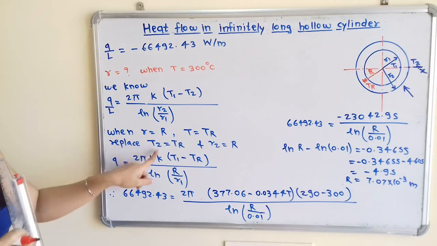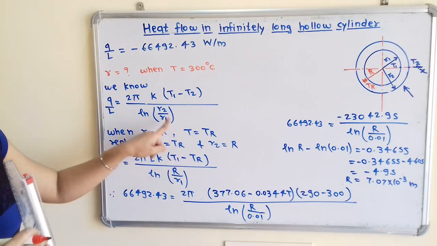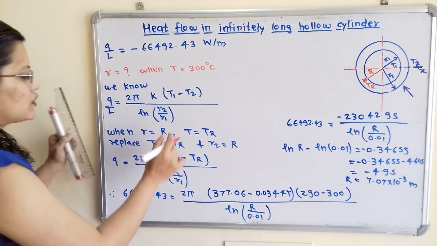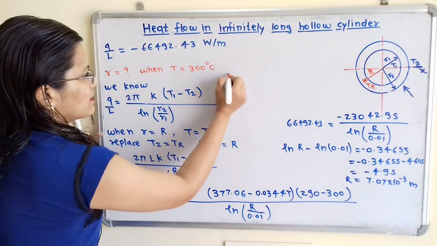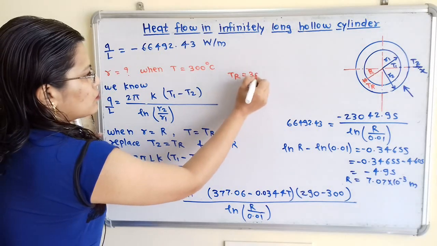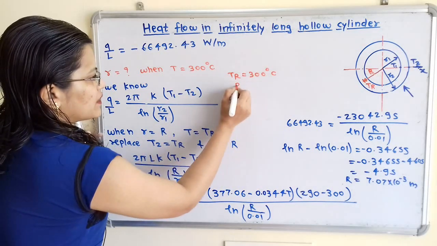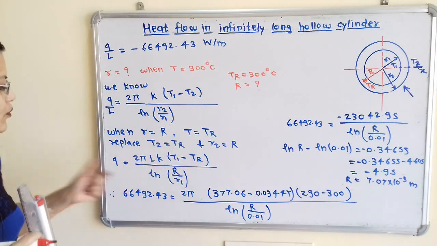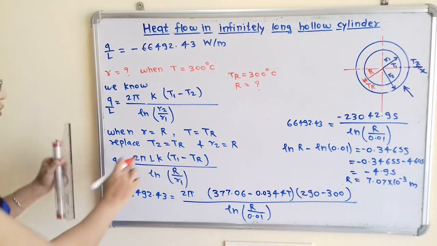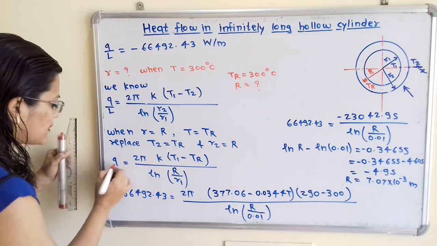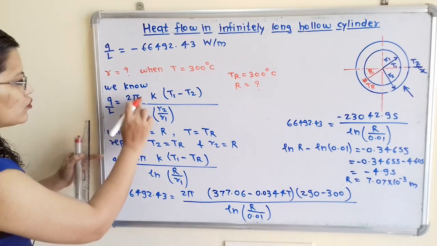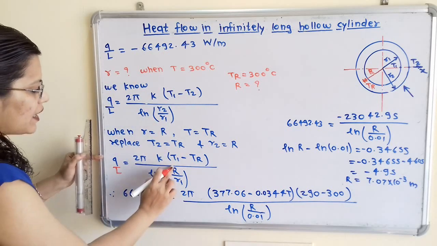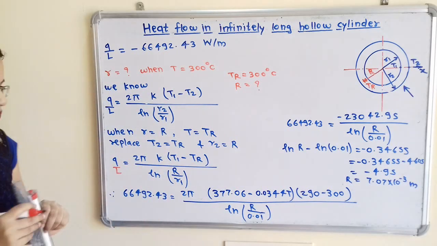Then we replace T2 is equal to TR and R2 is equal to capital R. As per the question, TR is equal to 300 degrees Celsius, and we have to find the value of R. Now we get Q by L is equal to 2 pi K (T1 minus TR) divided by ln(capital R by R1).